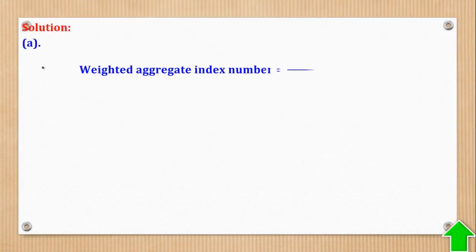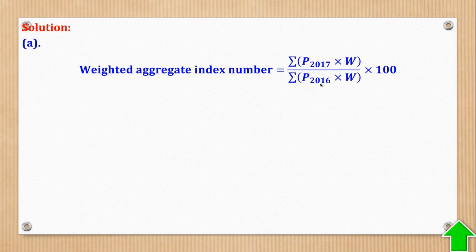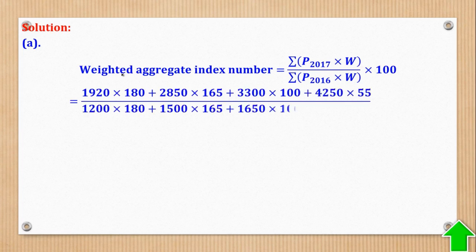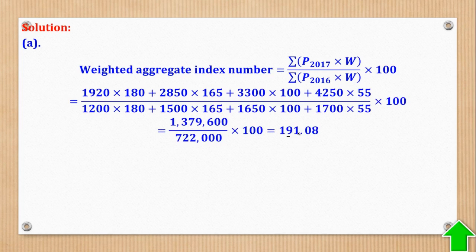The weighted aggregate index number is given by that formula: summation of price in 2017 times weight over summation of price in 2016 times weight, everything multiplied by 100. So we substitute, simplify, and get the answer they wanted.